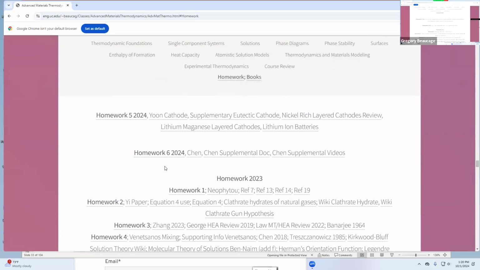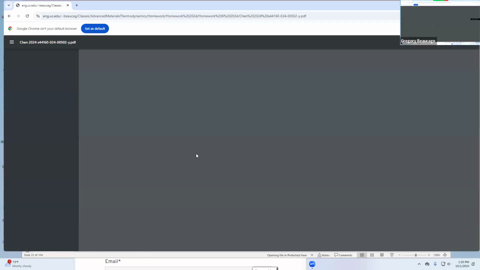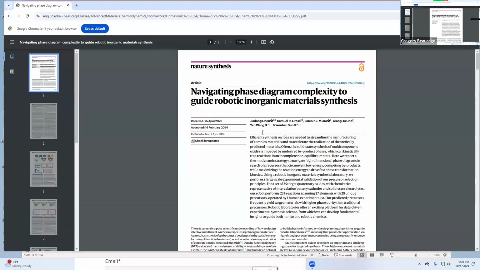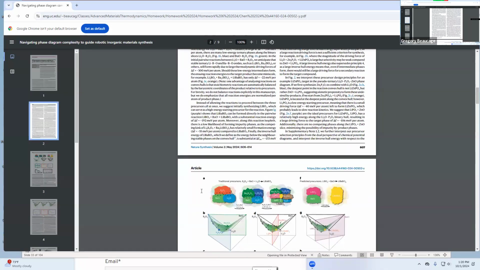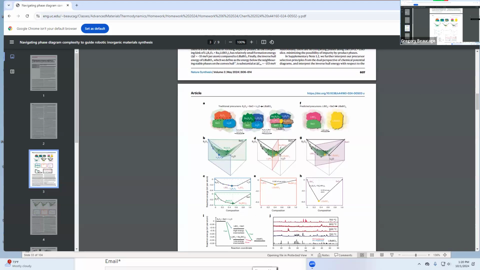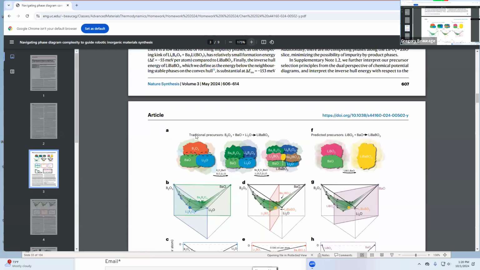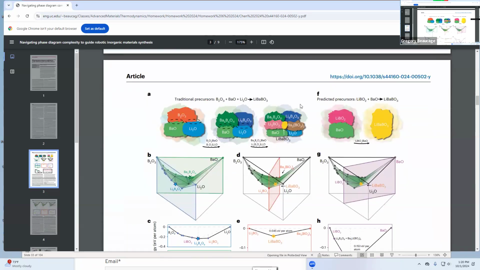This one, number 6, is this year's paper in Nature, and they're doing ternary diagrams of oxides. So this is an example. When you make these complicated mixed oxides, like in the paper last week where they're making a cathode, and he mentions cathodes in here, you can buy certain oxides like boron oxide, barium oxide, and lithium oxide.